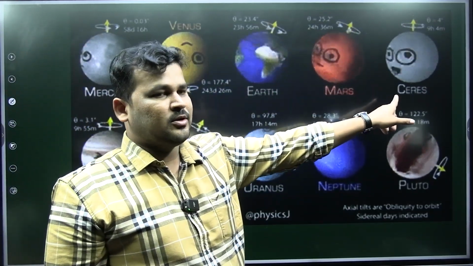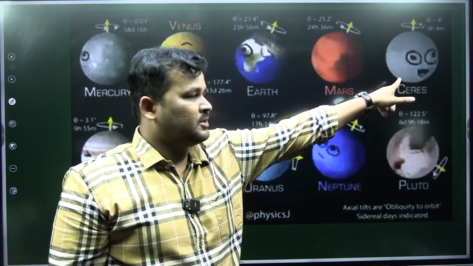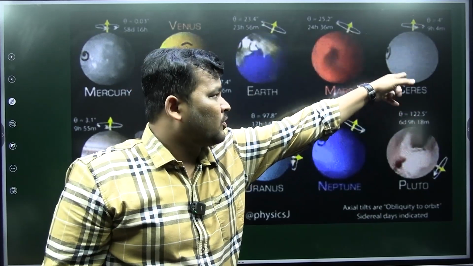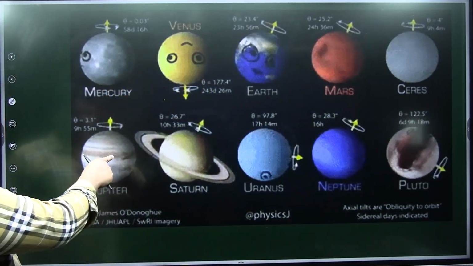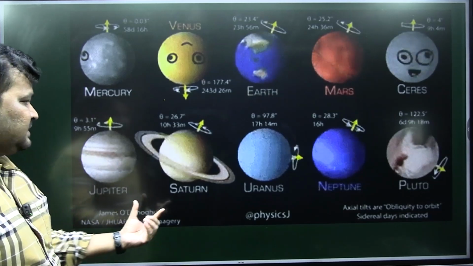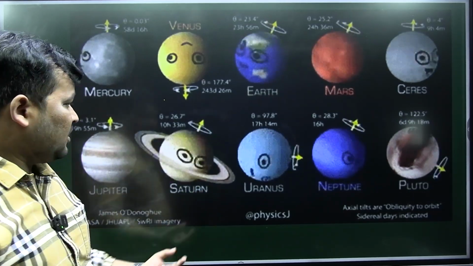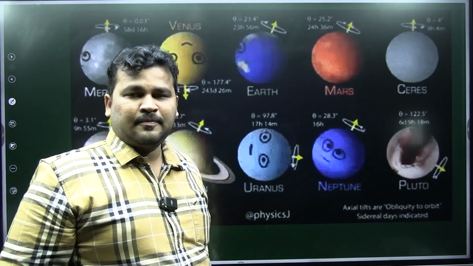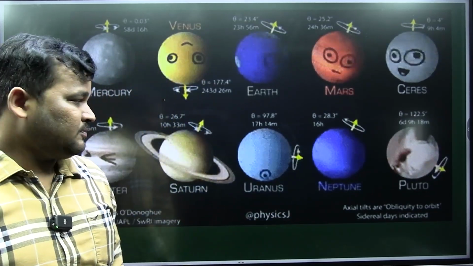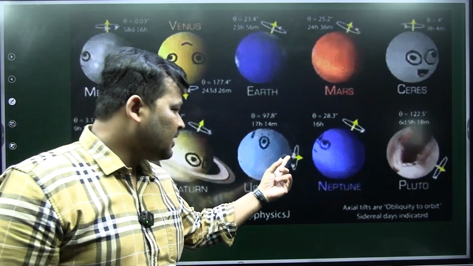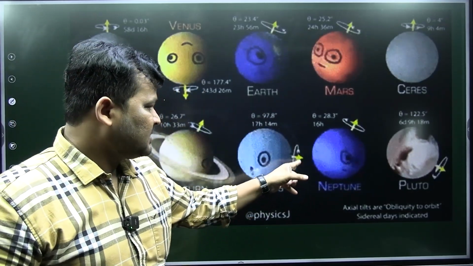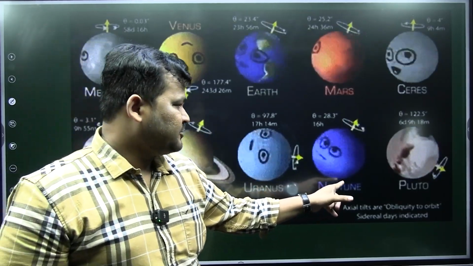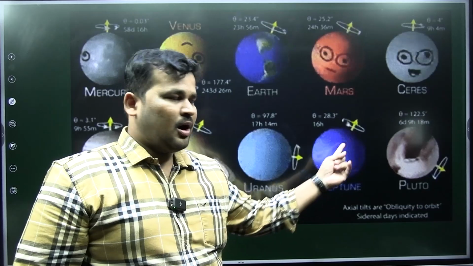Mars also rotates anti-clockwise. Ceres is a dwarf planet, not a main planet, and it rotates anti-clockwise. Jupiter, anti-clockwise. Saturn, anti-clockwise. Uranus has a special characteristic: it is not rotating anti-clockwise, but rotating sideways. Neptune rotates anti-clockwise on its axis.